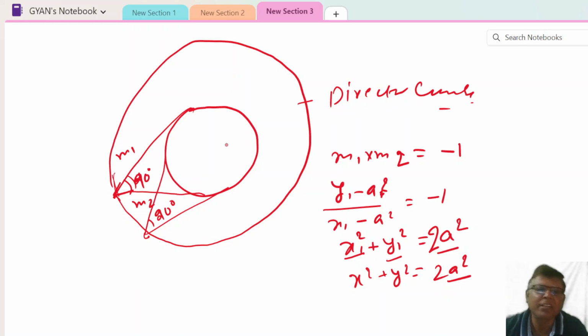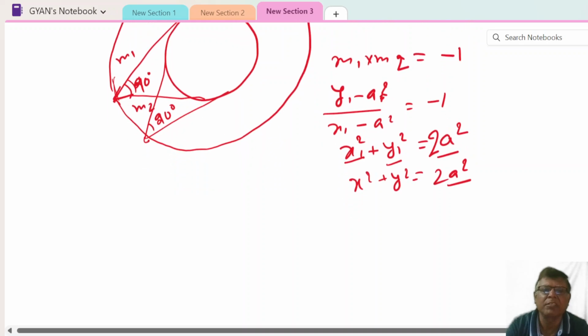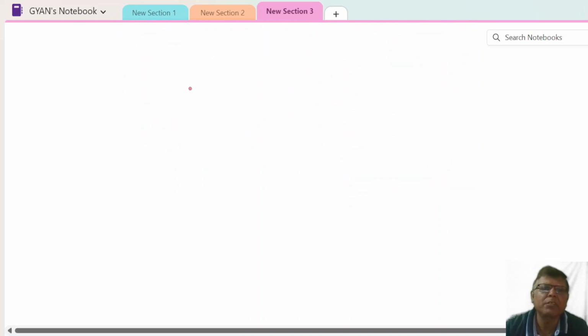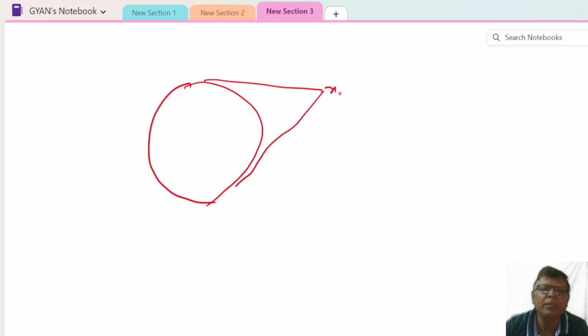Let me explain once again how we found the director circle equation. So suppose this is a circle. From an outside variable point alpha beta, the tangents make an angle of 90 degree. This slope is m1, this slope is m2.